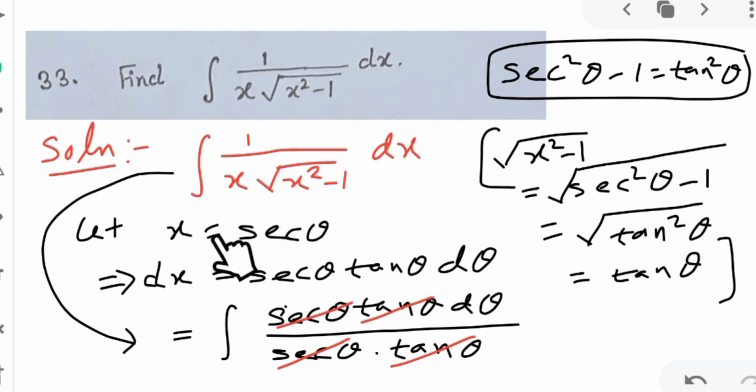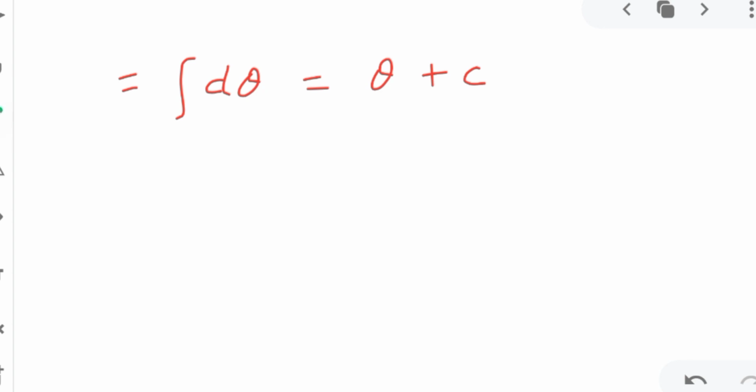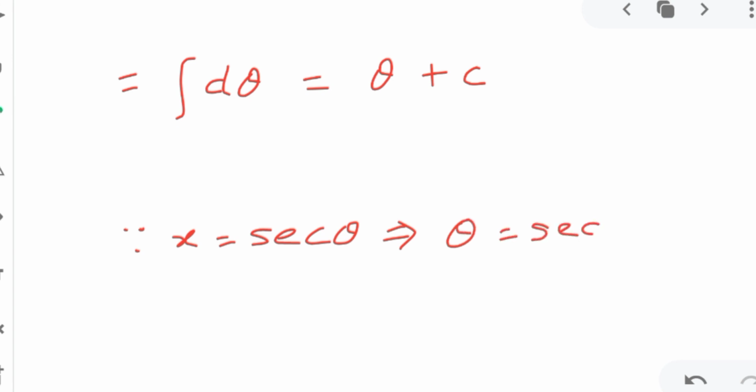And now theta is an intermediate variable, correct. Here x I took as sec theta, so x is sec theta. Or I can write theta is equal to sec inverse x.